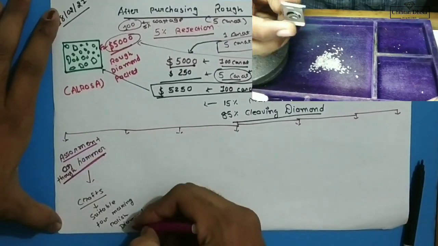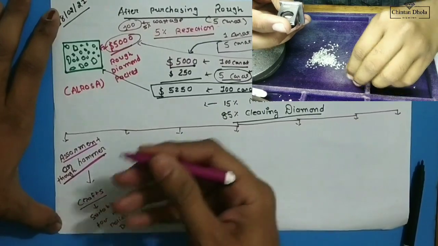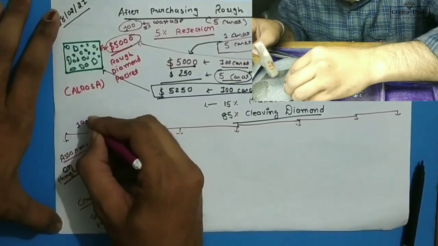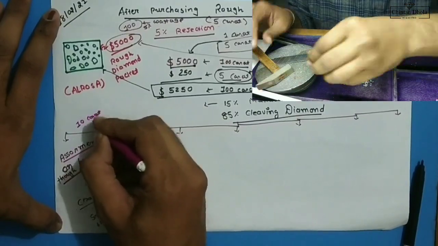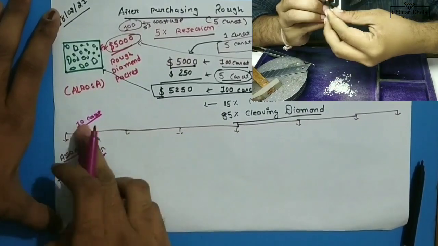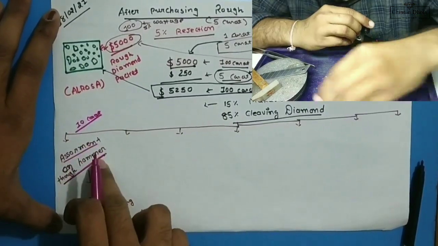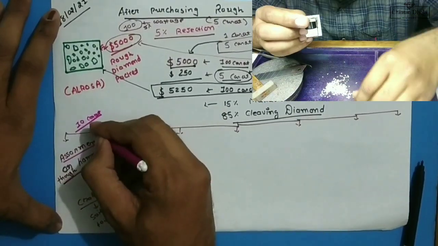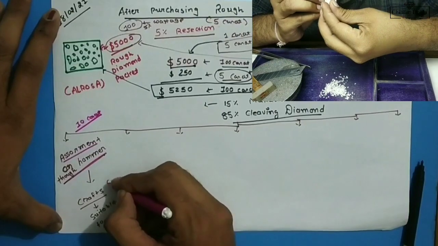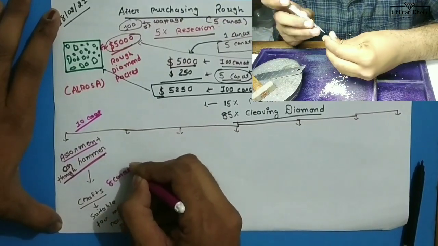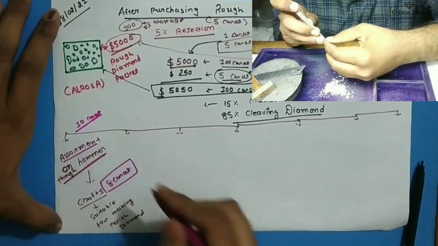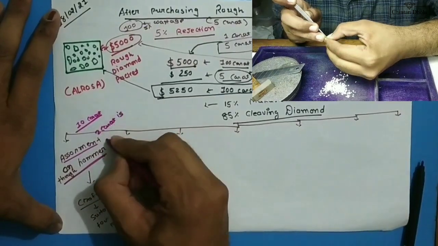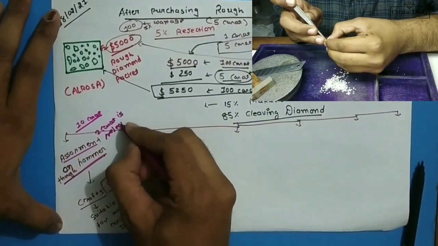Now in this process you also lose your diamond. For example, if you have 10 carat and you do assortment on hammer, you only get 8 carat through this process, and 2 carat is also rejection.